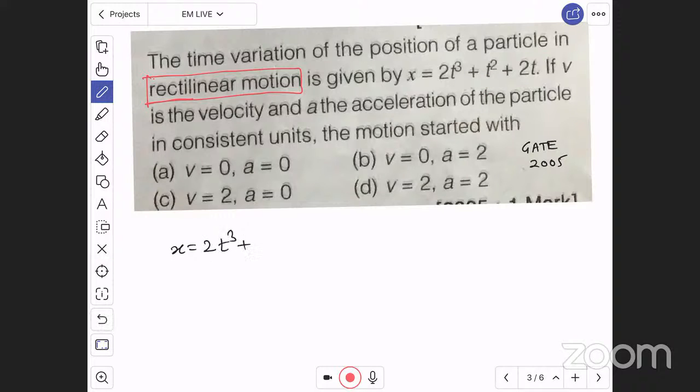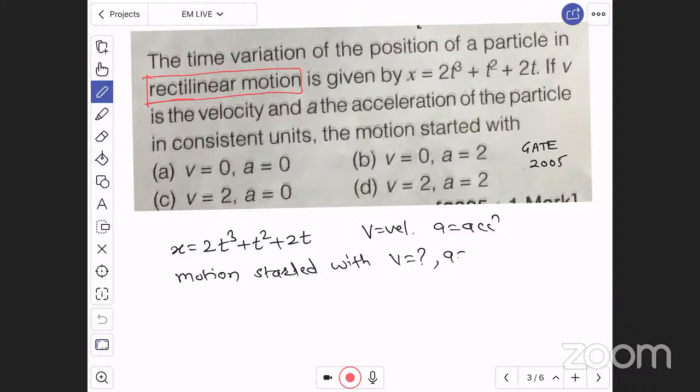Now, if v is velocity and a is acceleration, the motion started with velocity is equal to question mark, acceleration is equal to question mark.